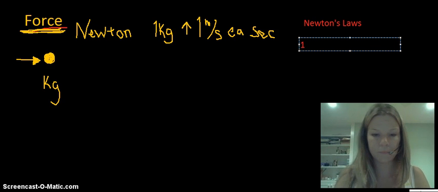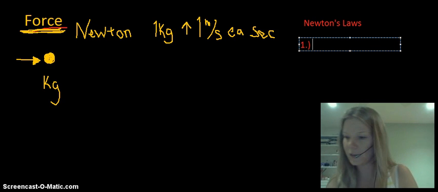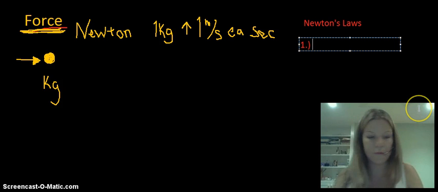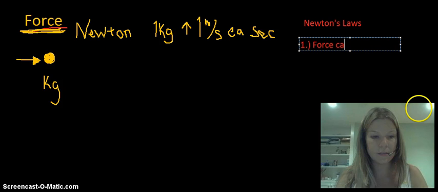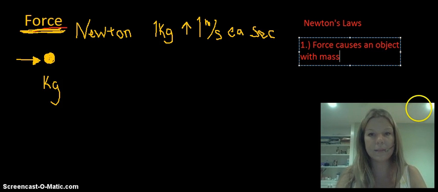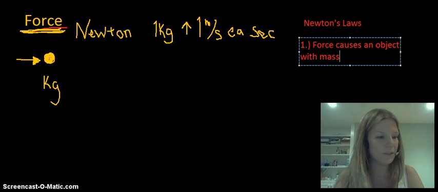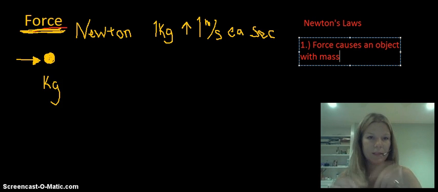So first of all, Newton's first law is what we just talked about. A force causes an object with mass to accelerate. Now, I don't think you guys can really think of an object that doesn't have mass, right? So we're talking about an object that has mass. When it's on Earth, it weighs something. My sunglasses have mass. This pencil has some mass.